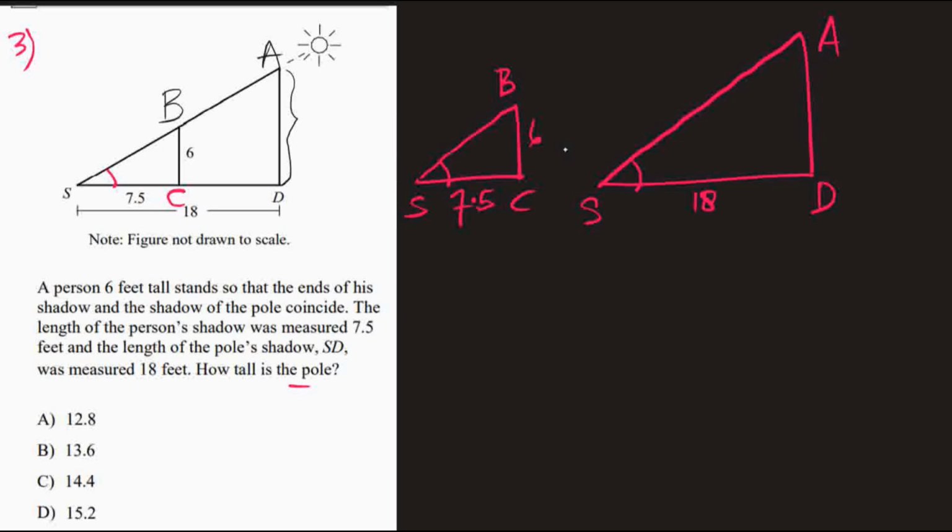Now we just compare the ratio. So this one, SC over SD equals BC over AD.